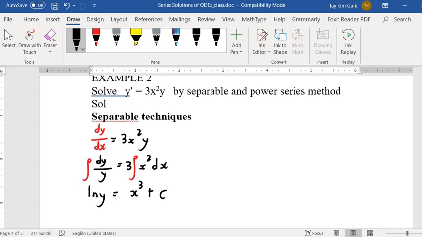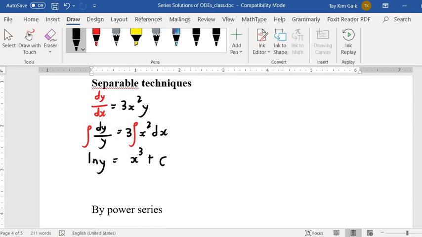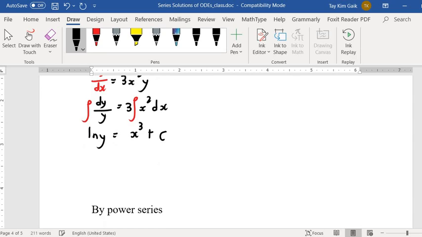Similar pattern with the first example. When you take the exponent of both sides, you have e to the ln y equal to e to the x cubed plus c. e to the ln y is y.